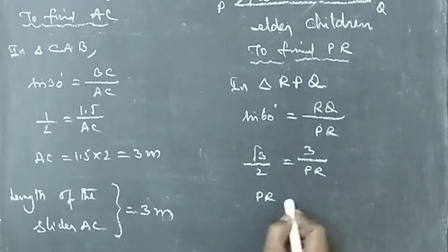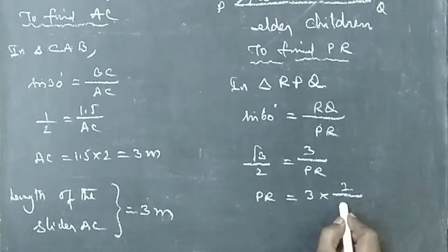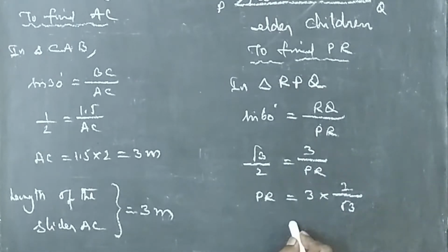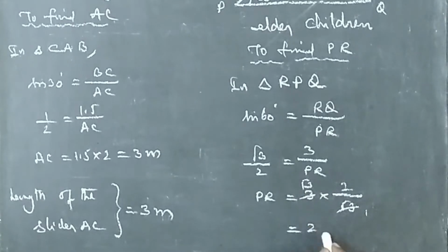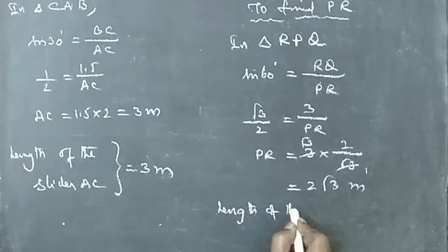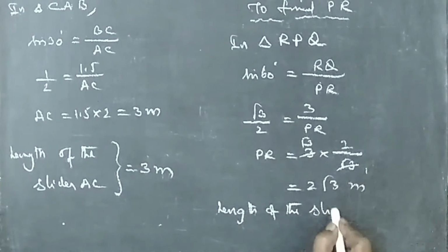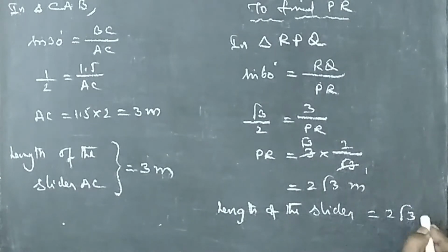Now PR is equal to 3 into 2 by root 3. Root 3 ones are root 3. This is 2 root 3 meter. Length of the slider is equal to 2 root 3 meter.